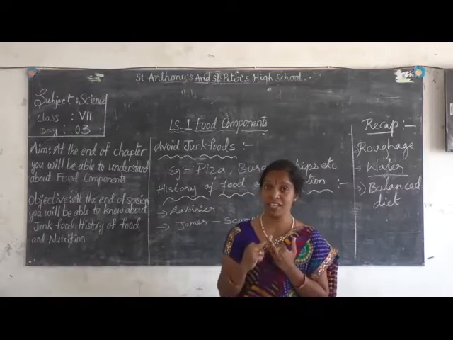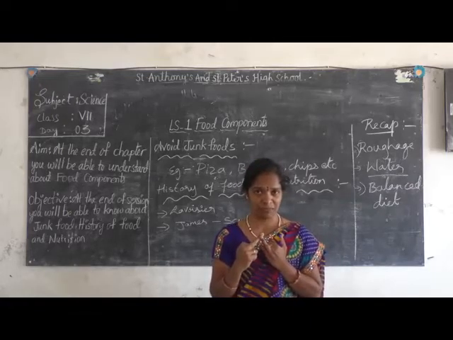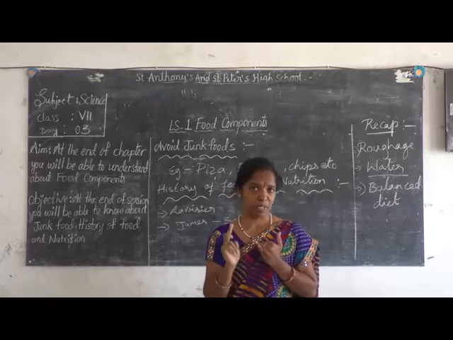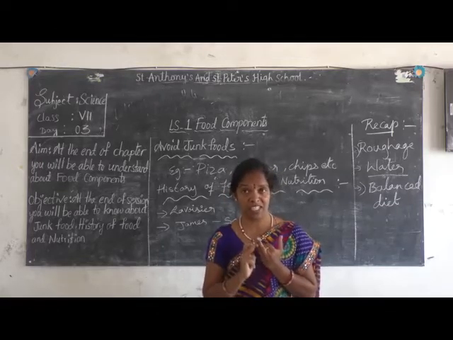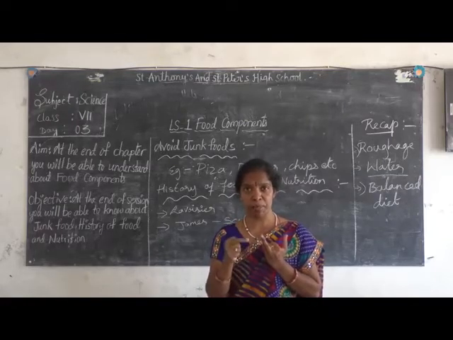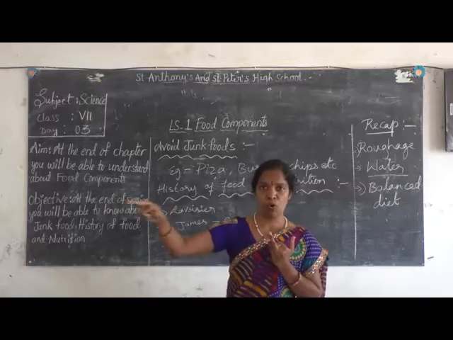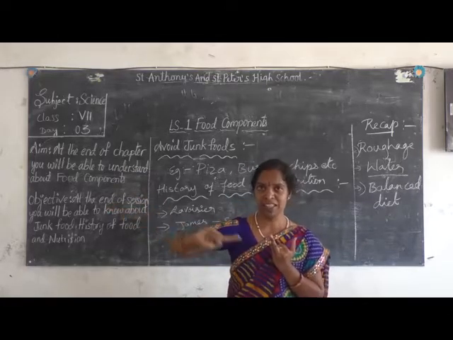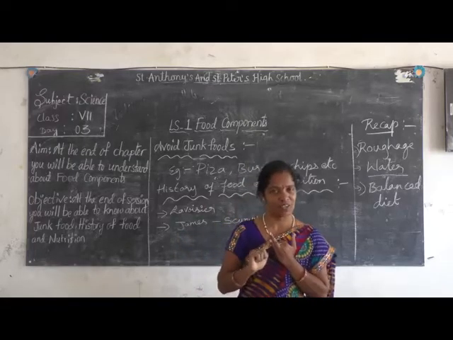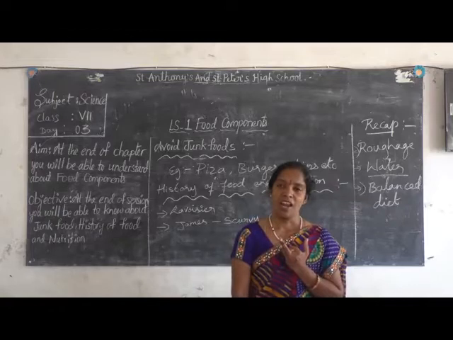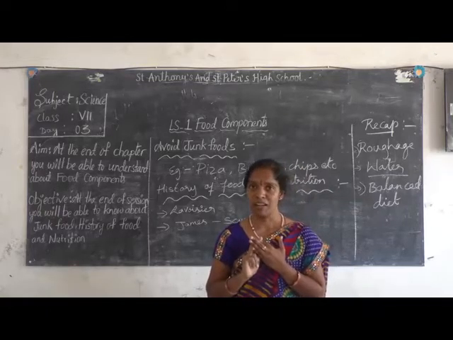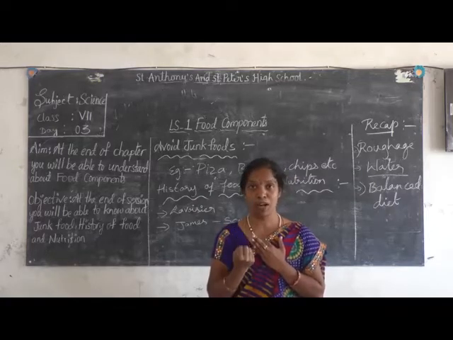The second reason is taste. It is very tasty. So first we are attracted by the color, second by the taste. Think once: if we prepare something at home and we go outside for the same food, the taste is different. Why is that? I'll say the reason. Next one is smell. We are attracted by the smell also.